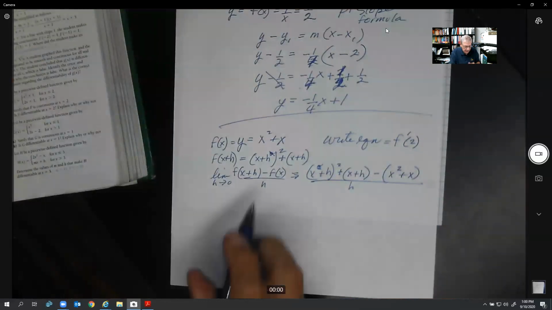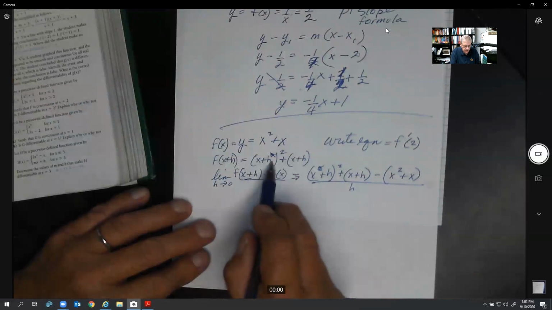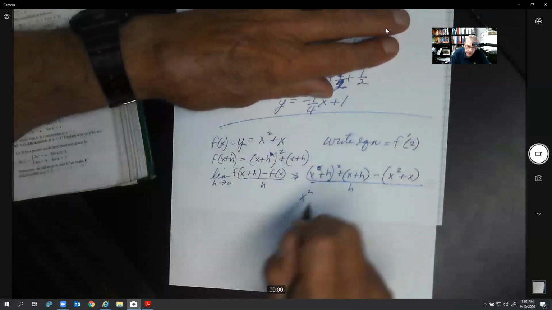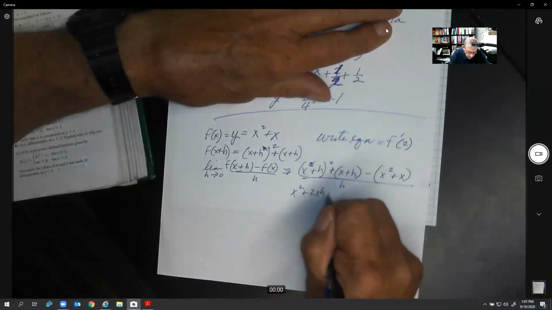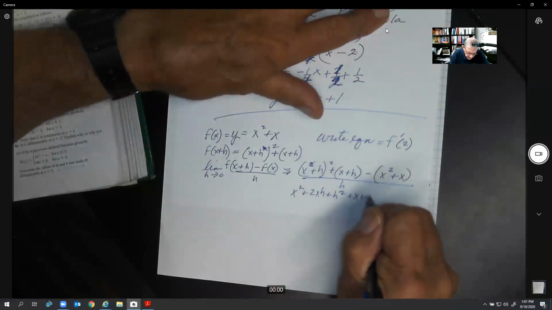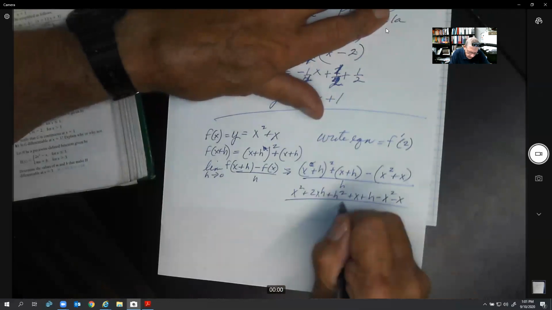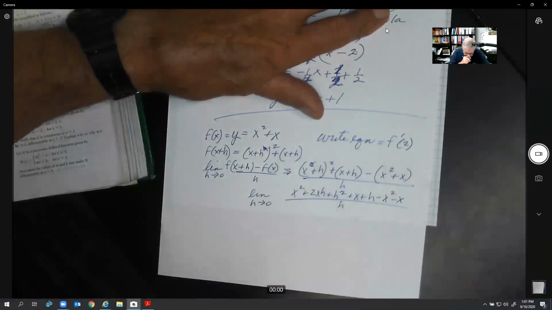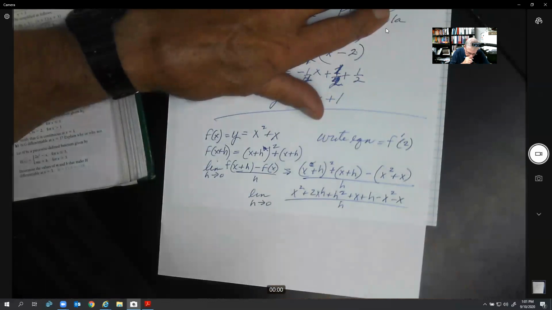Anyhow, this is x squared plus 2xh plus h squared plus x plus h minus x squared minus x, all over h. We're going to take the limit as h approaches 0. So let's see if some terms cancel out. They should.